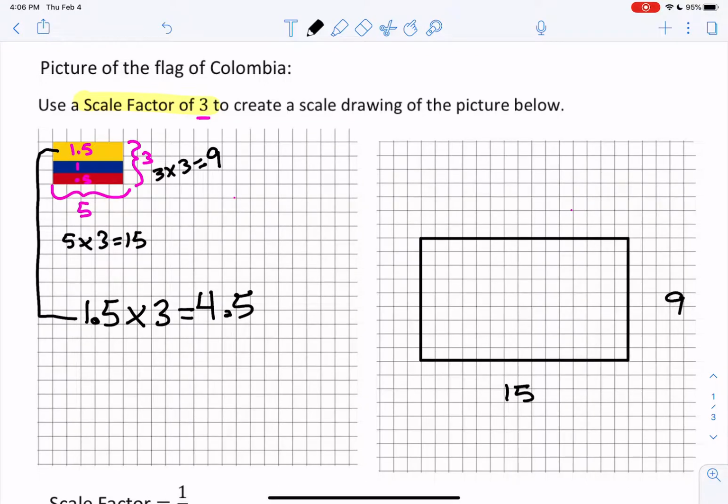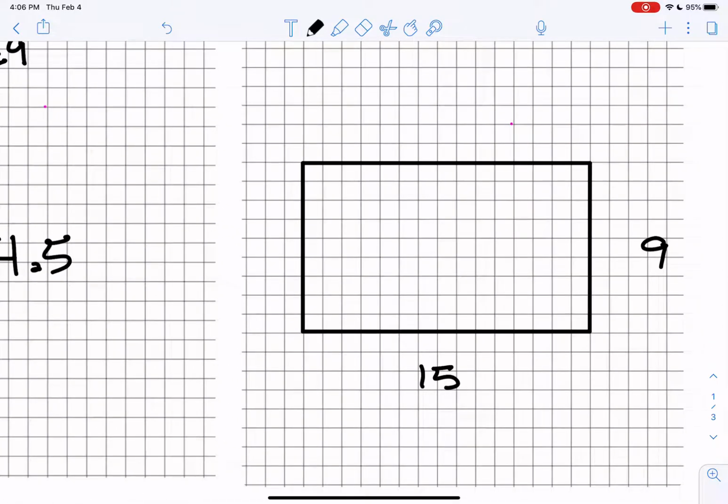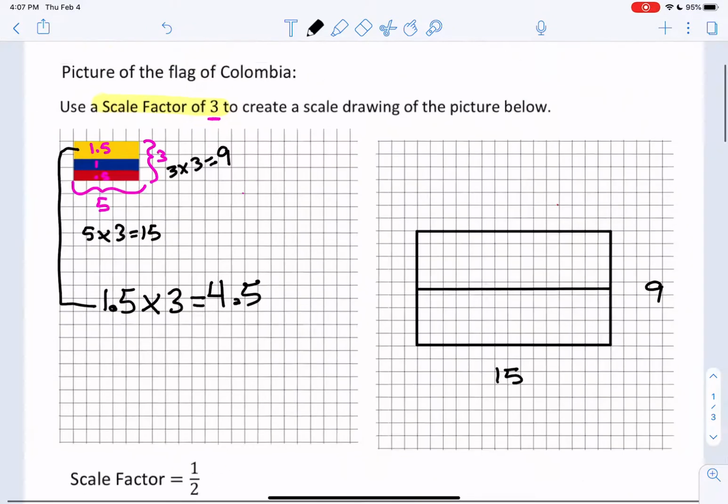So that means the height of the yellow part is going to be 4.5 boxes long. So here we go, sorry about that. 1, 2, 3, 4, and then a half would be about here. Okay, and that's going to be the yellow.